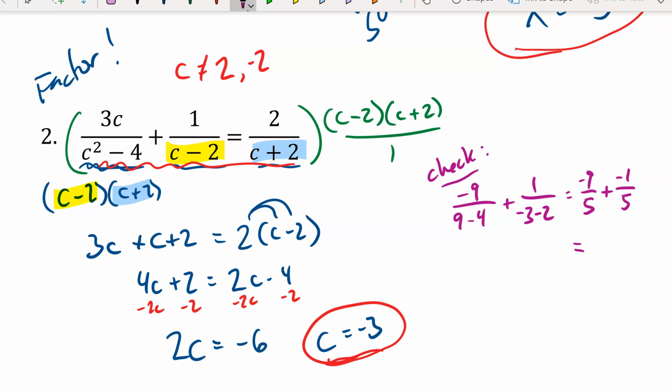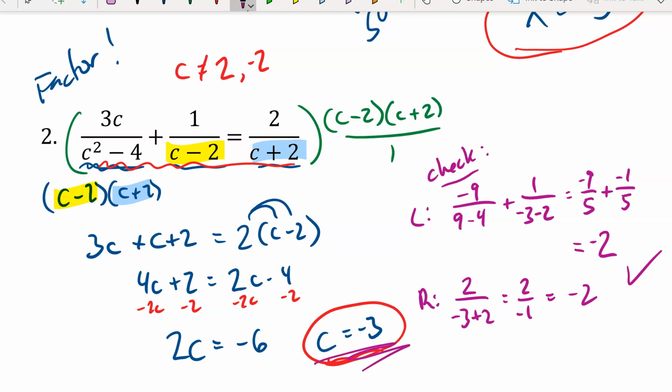So I have negative 10 over 5, which is equal to negative 2. So that's on the left-hand side. On the right-hand side, I have just 2 over negative 3 plus 2, which is 2 over negative 1, which equals negative 2. So it works out. We get the same thing on both sides if we plug negative 3 back into that equation.